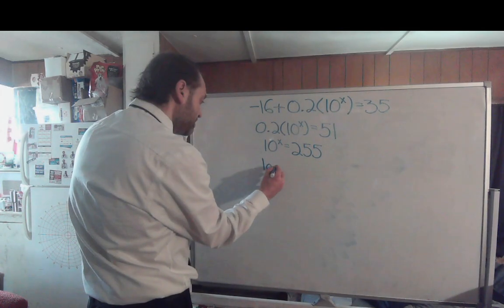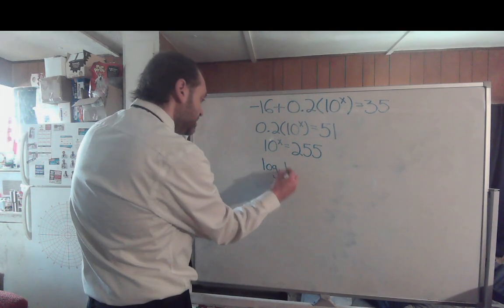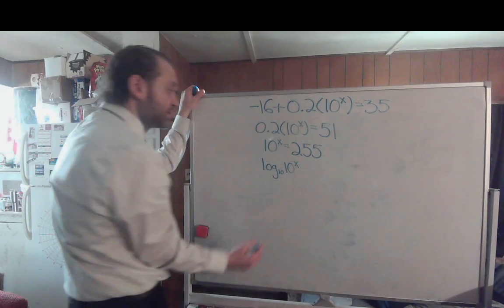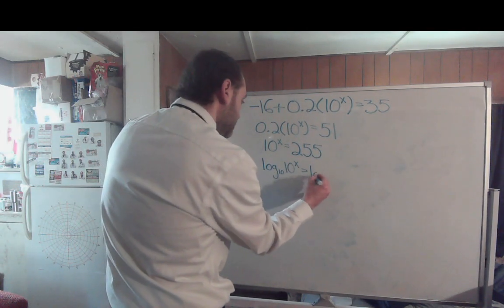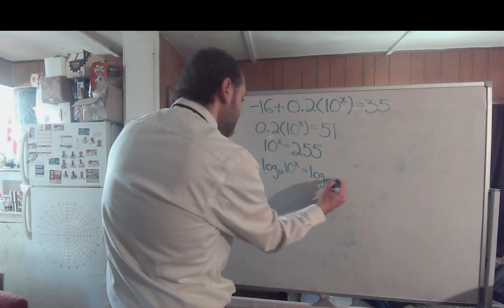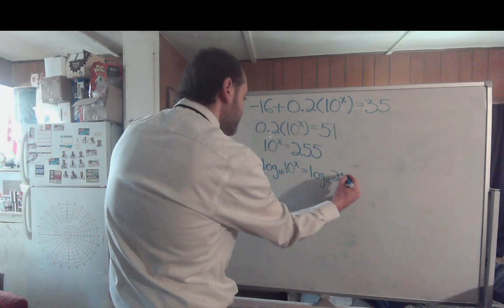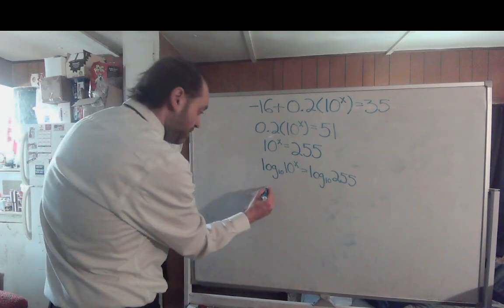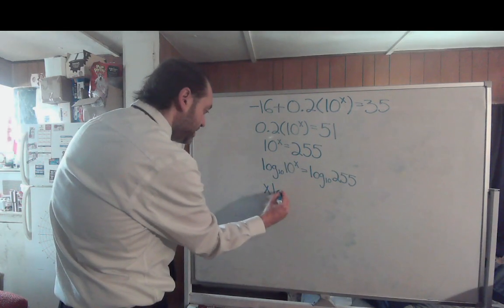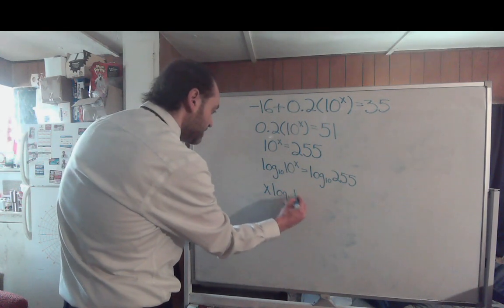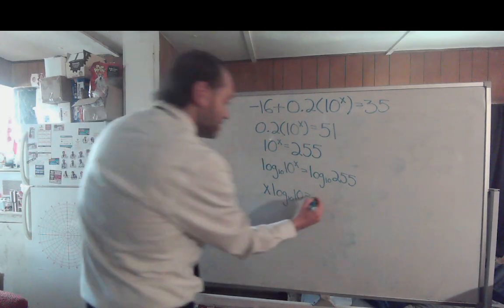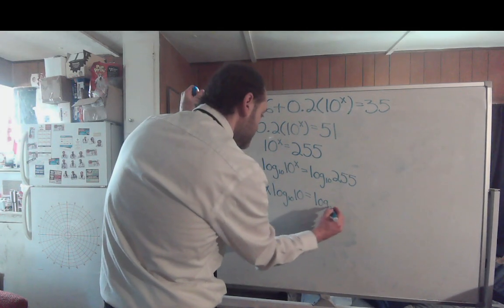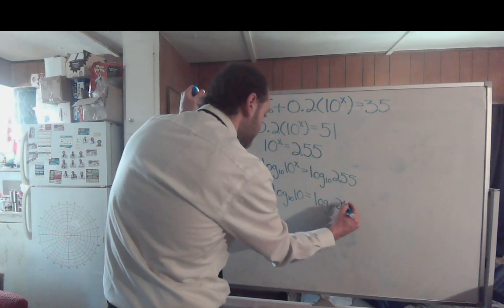So log base 10 of 10 to the x would equal log base 10 of 255. So the left side, you have a power rule. This will become x times the log base 10 of 10 equals log base 10 of 255.